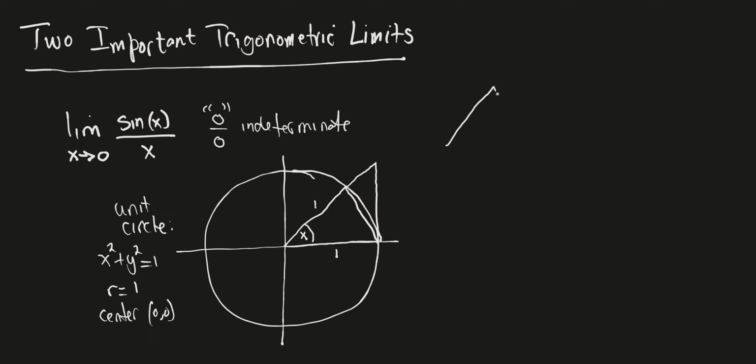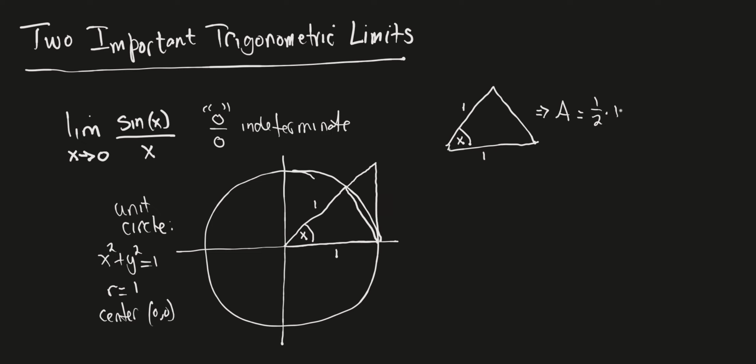But if I draw that triangle, what I have is a triangle where I know the angle between two sides, and we have a formula from trig that allows me to find the area, right? And the area of this triangle is 1/2 times this length times this length times the sine of the angle, right?